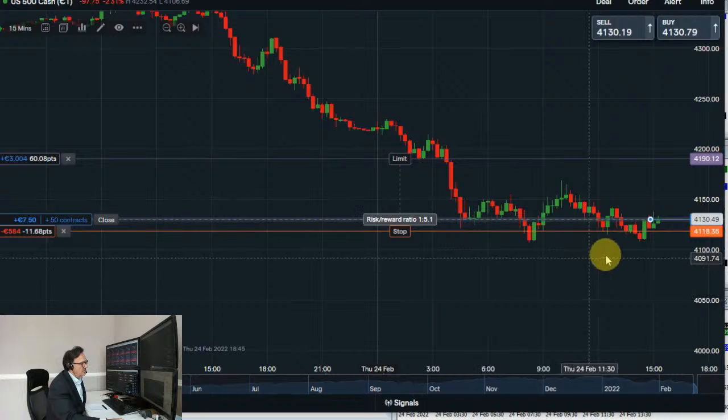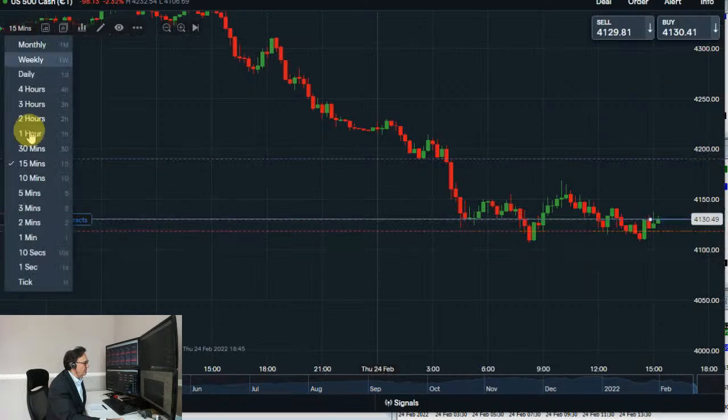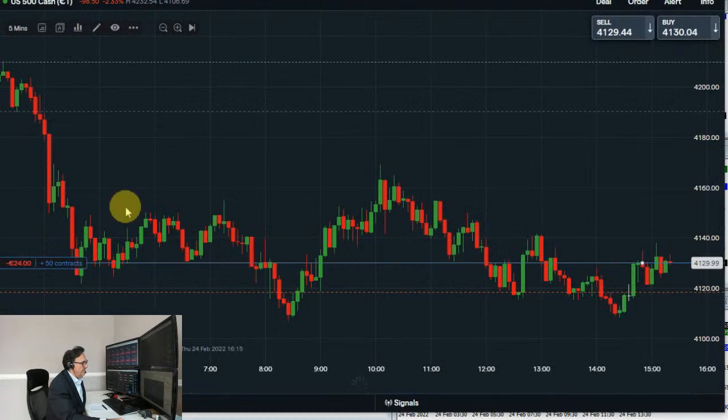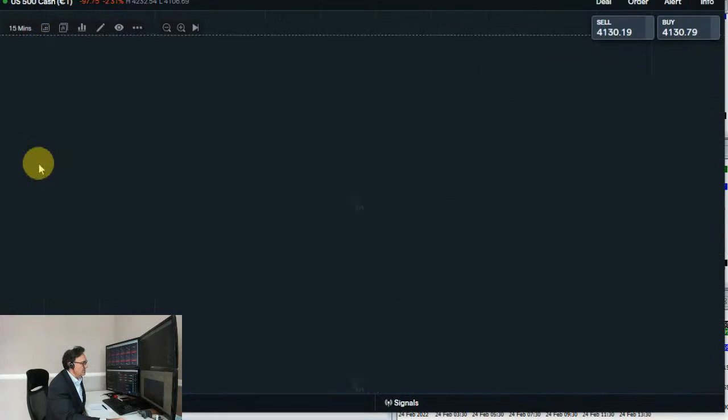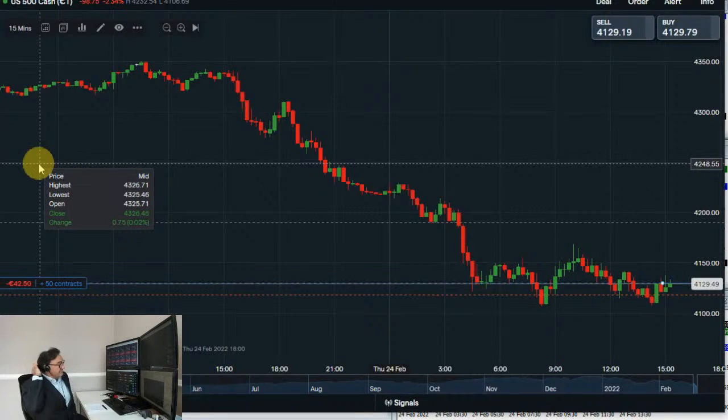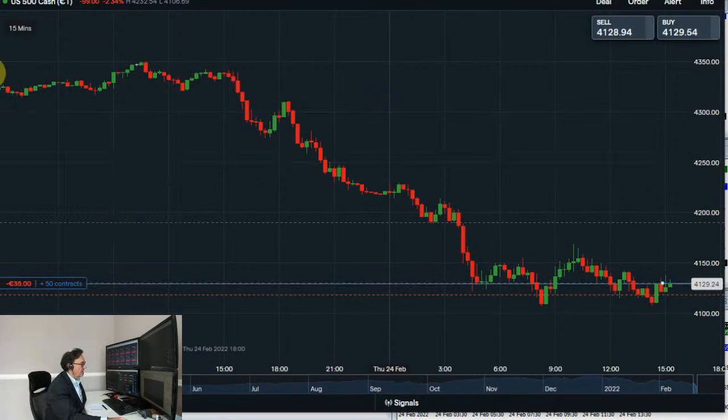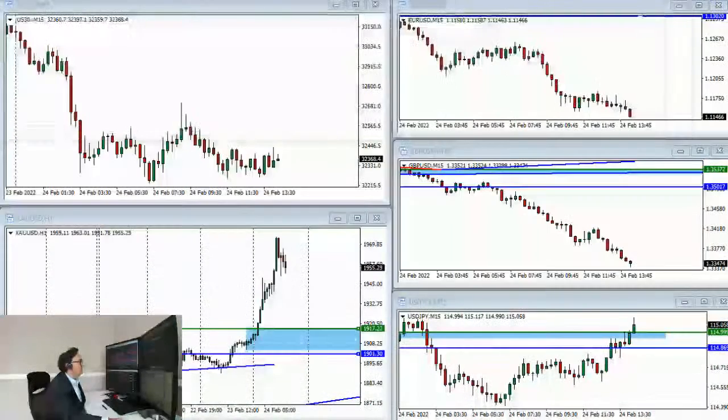So I was looking for a little bit of an oversold bounce back before the markets open. Let's see if I get it. If not, I'll let you know, but that's where I am with this particular trade.